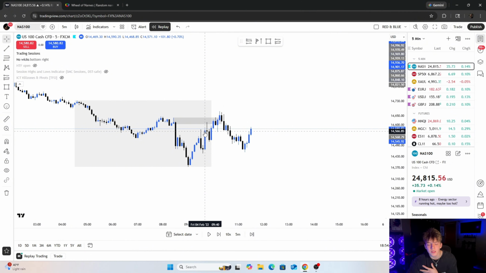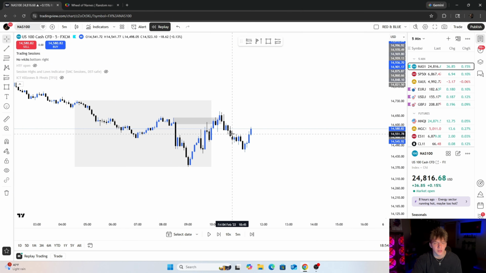That's the sad reality of it. Me personally, even from learning the strategy, I never really understood that, because the point of our strategy is to take liquidity and tap into our zone. We already had our liquidity sweep, so why do I take the zone?